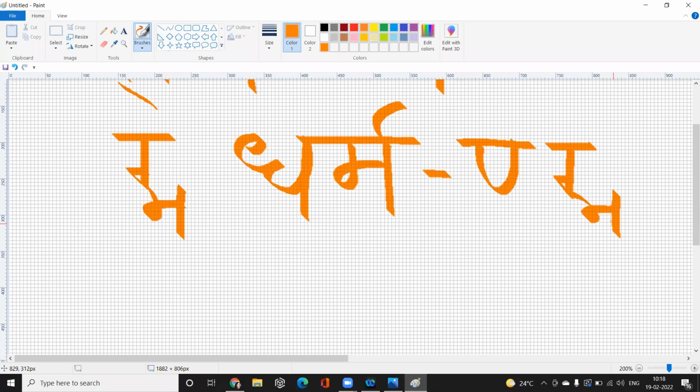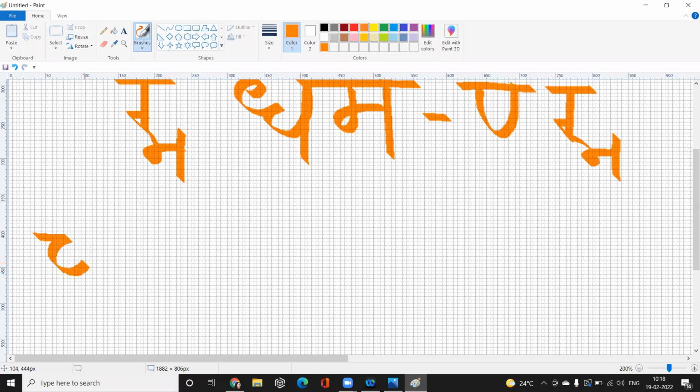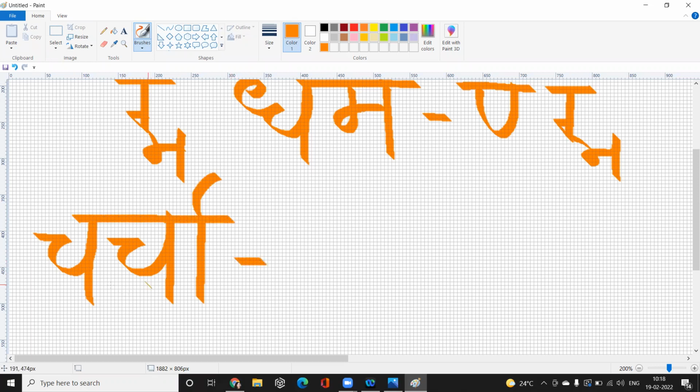Now let's take one more example. This is charcha. Cha. Now again, if you see in Devanagari, ra is written on the top of matra a.